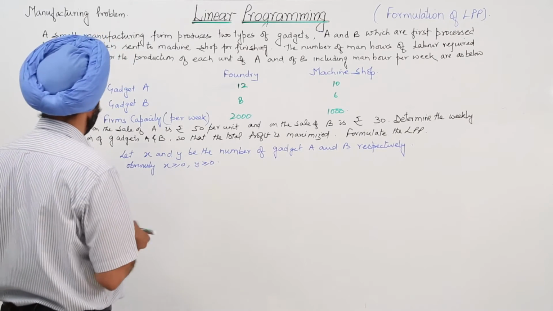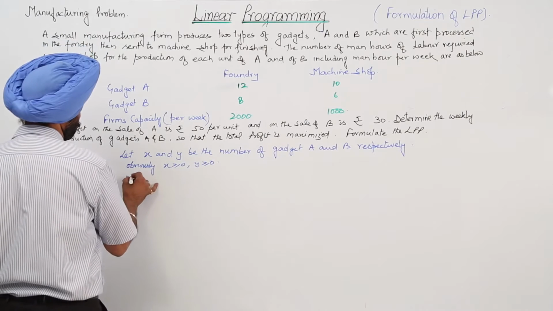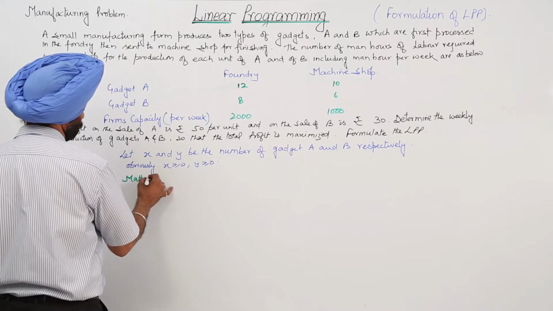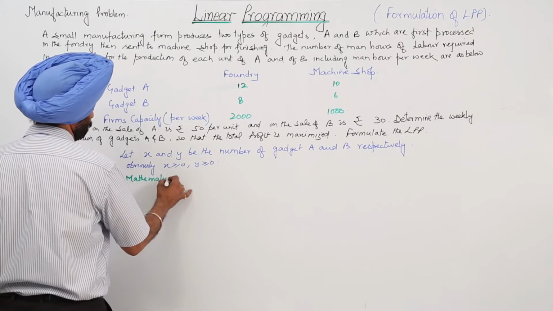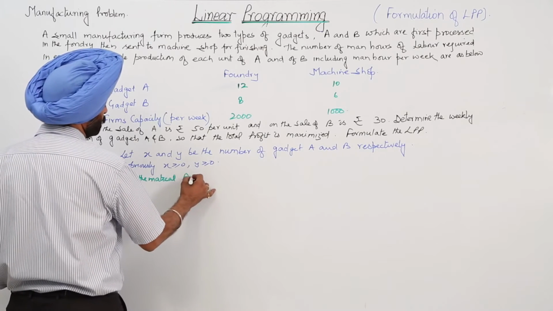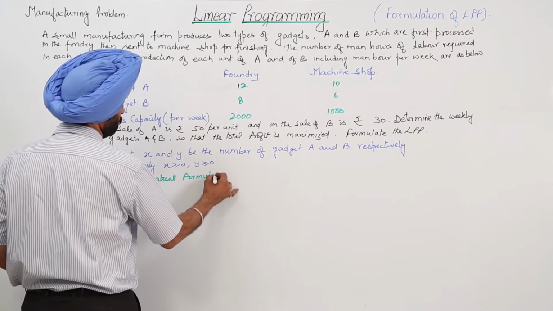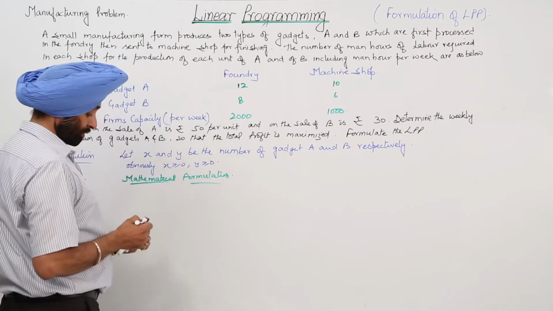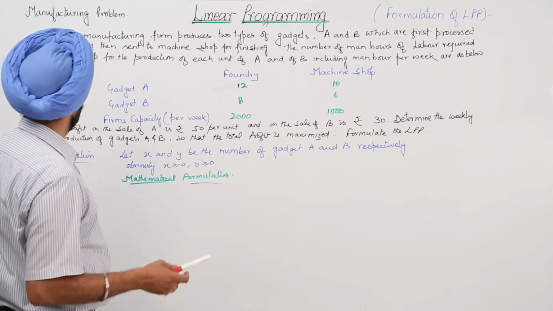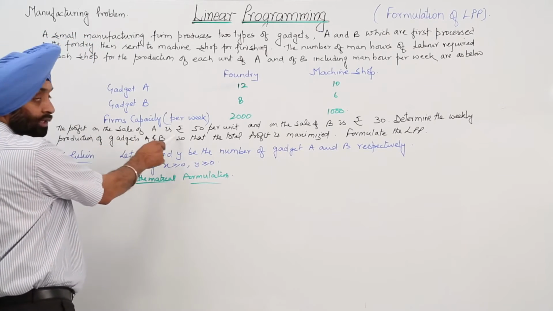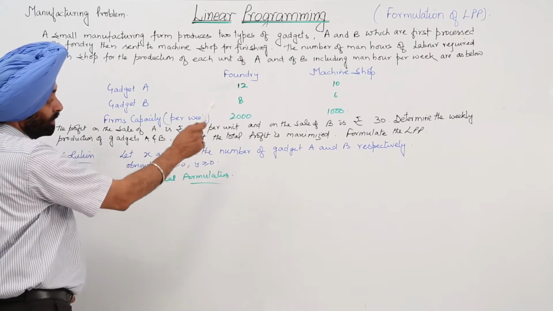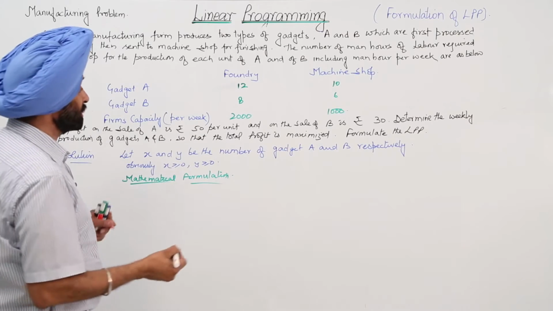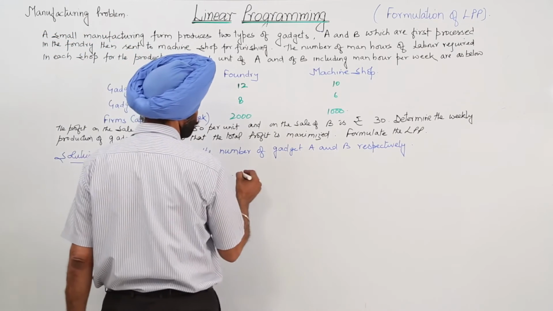Now mathematical formulation. Now first thing was the profit on the sale of A is rupees 50 per unit and on the sale of B is rupees 30 per unit.